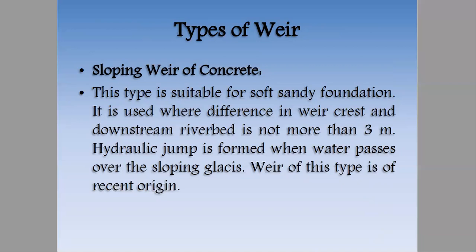Hydraulic jump is a phenomenon when the water flows from supercritical to subcritical. That is, when the water is flowing at a lower depth than critical depth and then goes to a higher depth, above the critical depth, there is a certain loss of energy, and that can be calculated using relations. So you are now well aware of hydraulic jump.